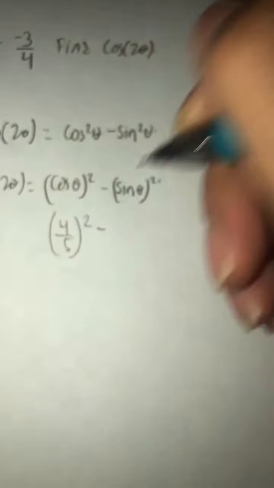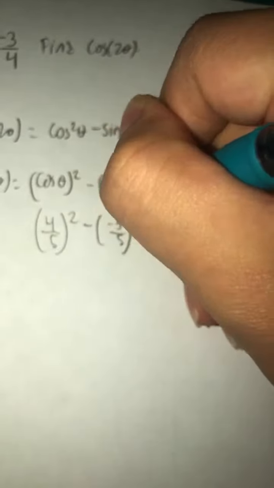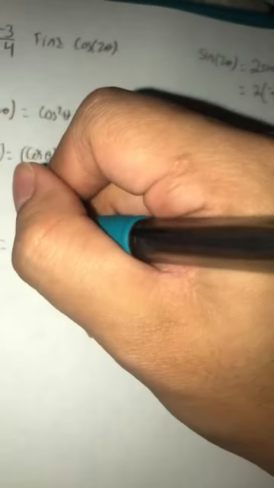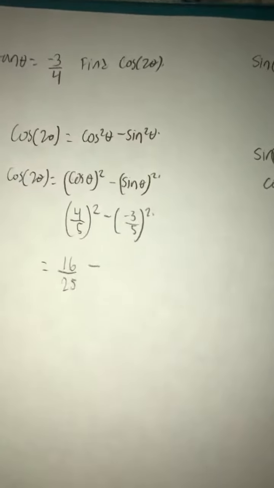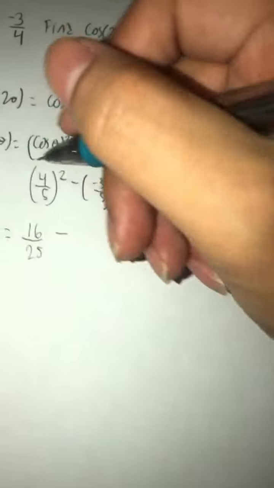So then this is going to be 4/5 squared minus -3/5 squared, right? So then this will be 16/25 minus 9/25.